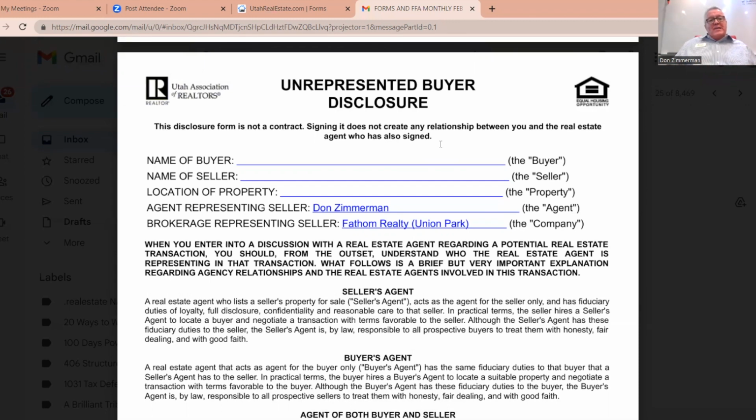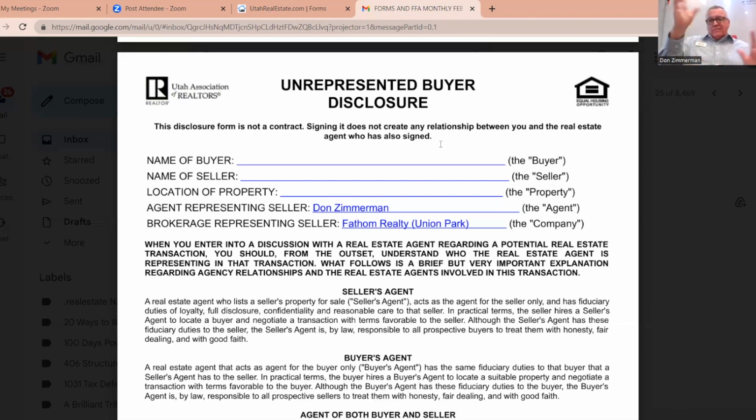Give them the blank forms and say, these are the forms that the Division of Real Estate requires that a buyer fills out in order to do a transaction. Okay? They have to fill it out themselves. Now, when you say, can I write the offer for them? No, you can't. But you are representing the seller, so you can answer their offer.